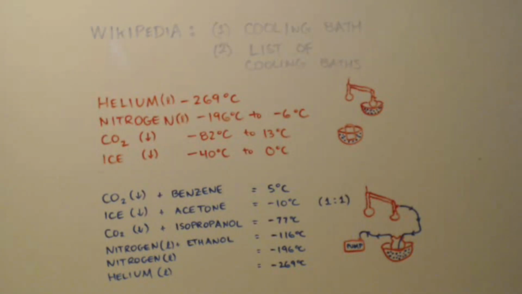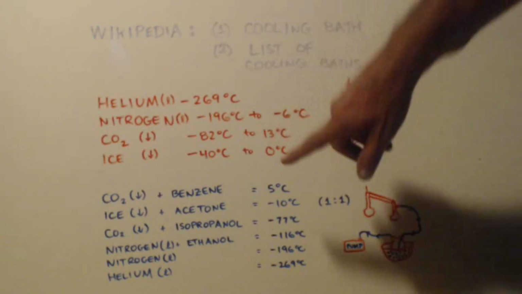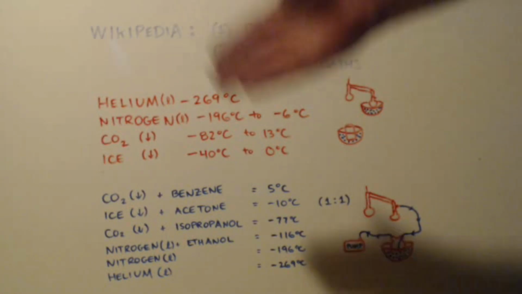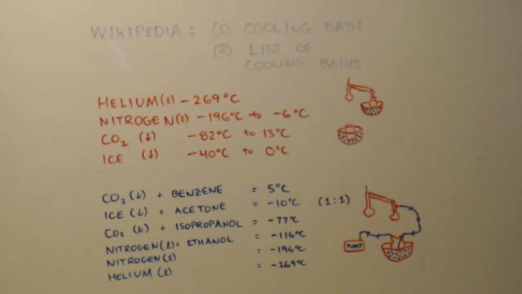But let's say you put dry ice inside benzene, right? You put it in benzene, you're going to get 5 degrees Celsius. Let's say you put it in isopropanol, you're going to get minus 77 degrees Celsius. The thing is these things won't freeze, you know what I mean? Isopropanol is not going to freeze at minus 77.